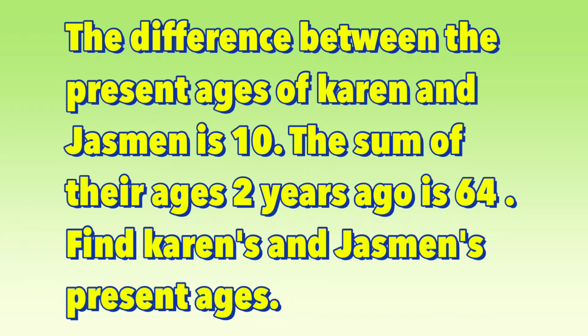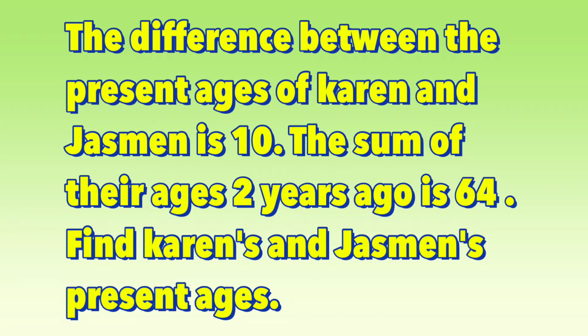To solve the problem, first we're going to analyze, meaning we're going to understand the problem. The problem is asking for the present ages of Karen and Hasmin. Then, our first step is to make a representation.